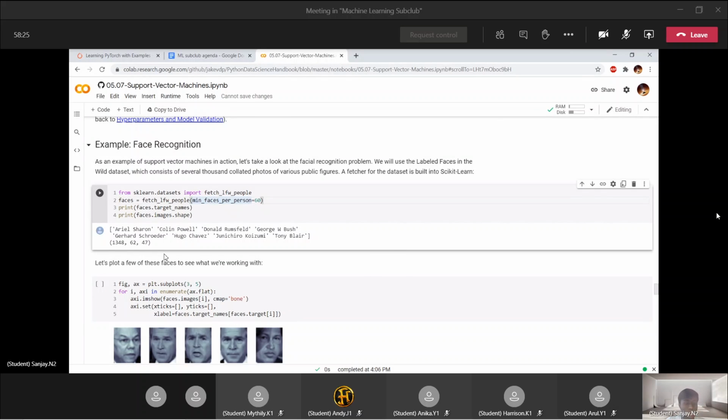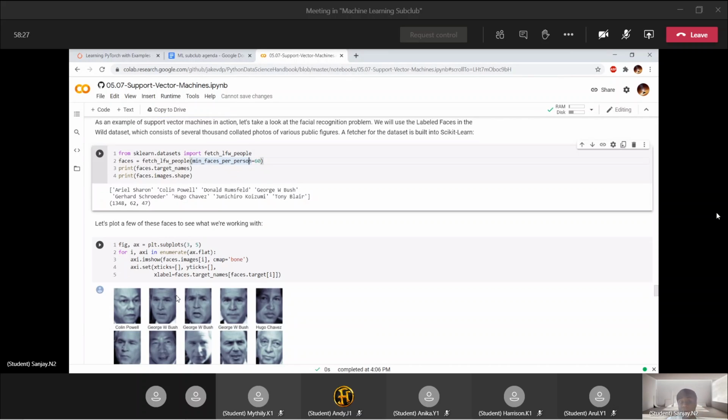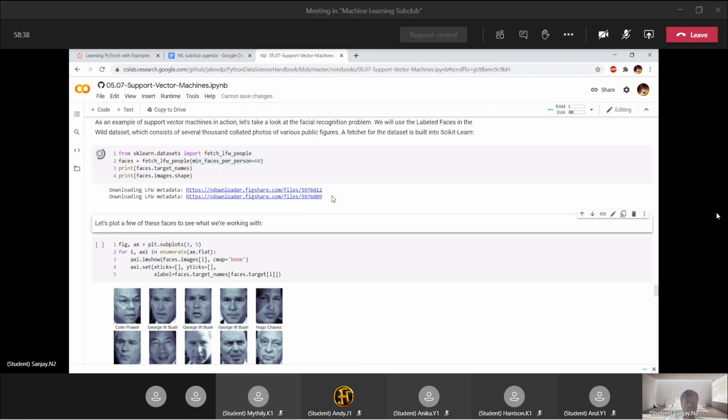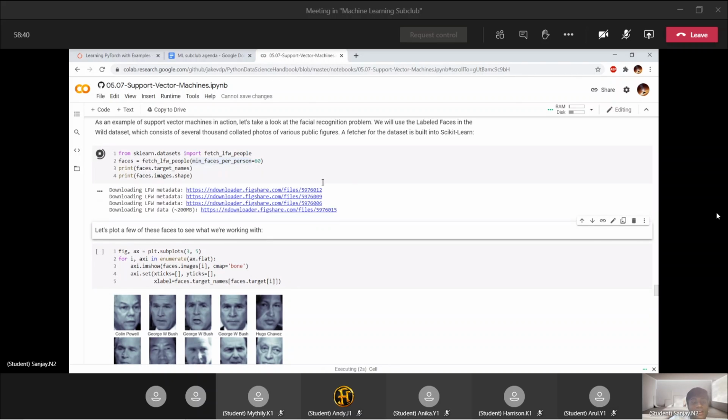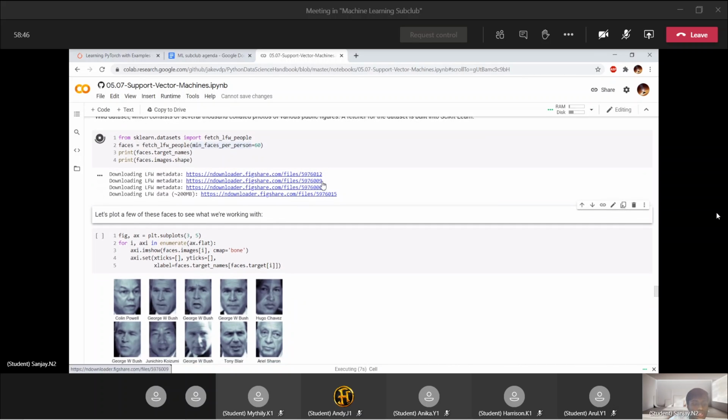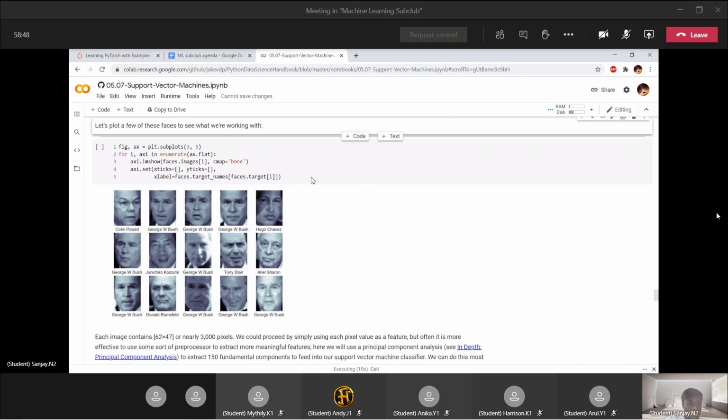So here we're going to use a bunch of faces and try to use an SVM to classify these different people. So first thing we're going to do is download this data set, which might take a second apparently. So just going to skip that for now, and let's look over here.